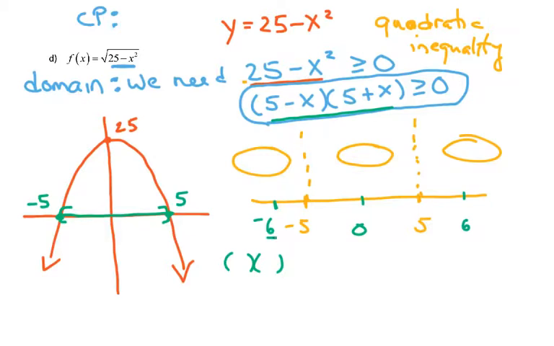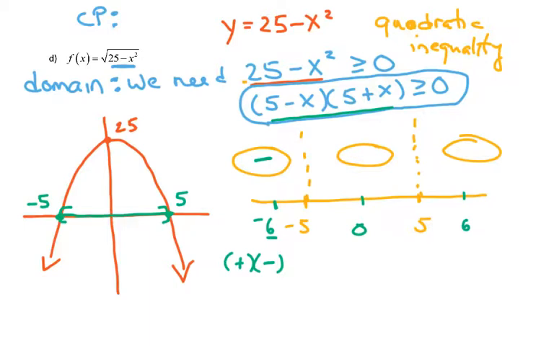So if I put -6 into the first factor, that would be 5 minus -6. That's going to be positive. If I put it into the second factor, however, it's going to be negative. So overall, I'm negative in this region. Now, we're just checking. This is not the derivative. We're checking for the domain. So we're not talking about increasing and decreasing.